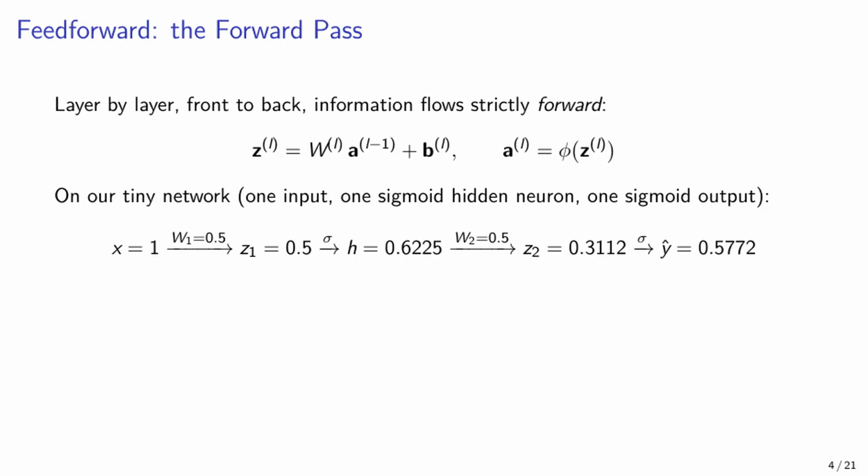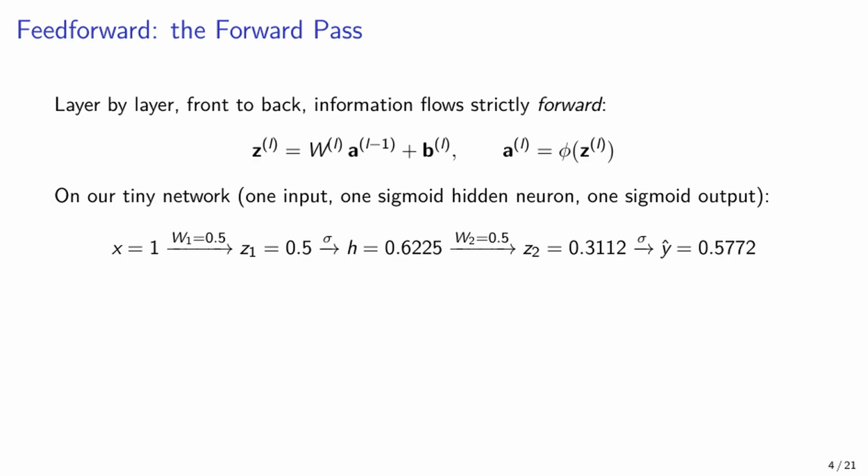Look closer at that first step. A network computes its prediction the only way it can, layer by layer, front to back. Each layer forms a weighted sum plus a bias, that is the pre-activation Z, and then applies its activation phi to get the output A that it passes on.